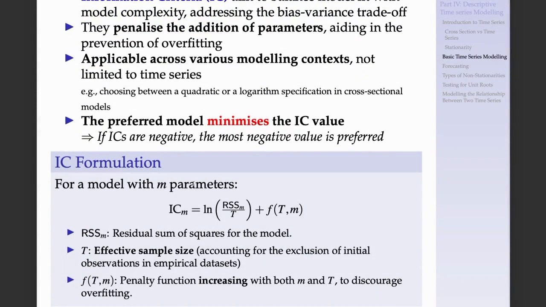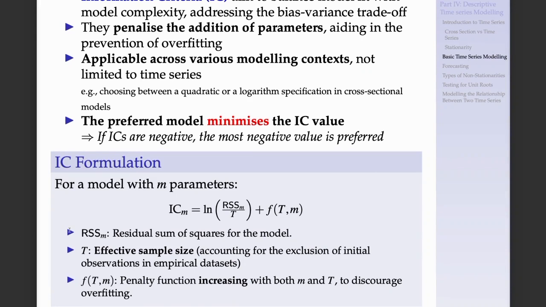The 1 stands for the intercept. So the first term is for the model fit, and the second term is a penalty term. This term increases with M, the number of parameters, so it penalizes the increase of parameters included in a model to discourage overfitting.